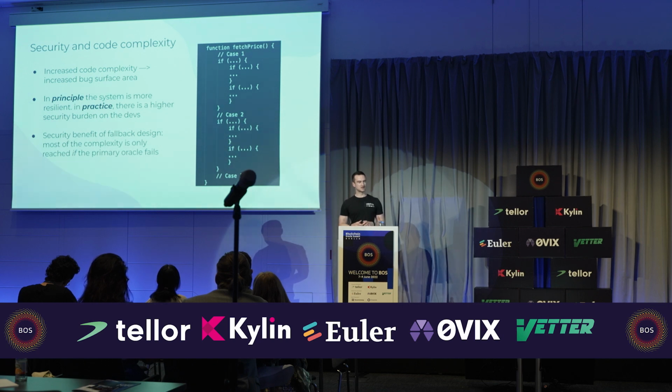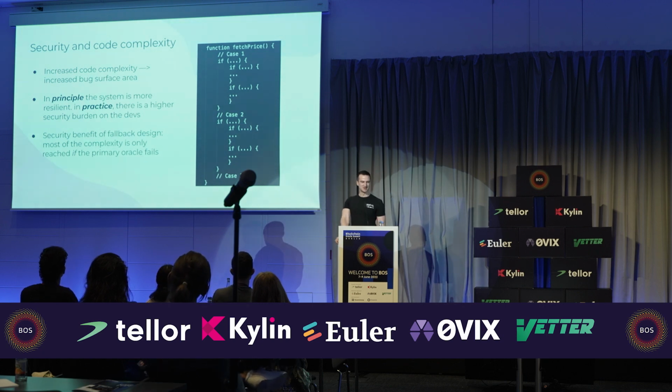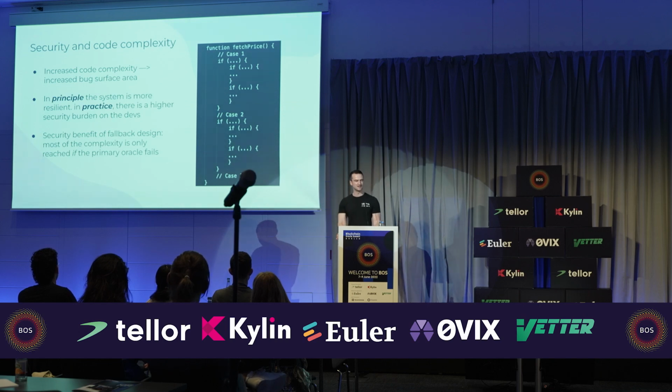Just to cover some of the security pieces, auditors probably hate the look of this function, because it's a bunch of nested if statements inside the fetch price function, with a lot of different branches. But that's the trade-off we had to make with designing this kind of system.